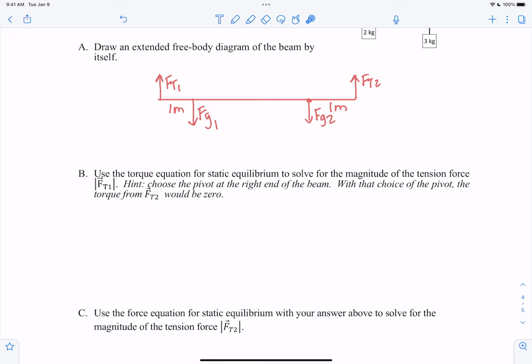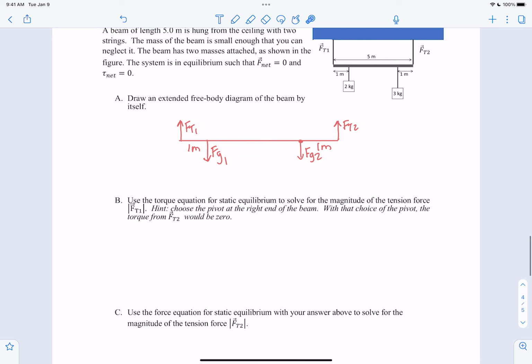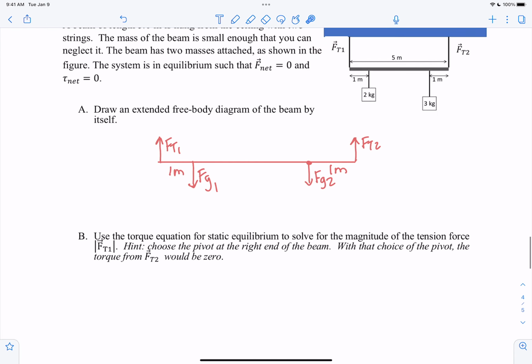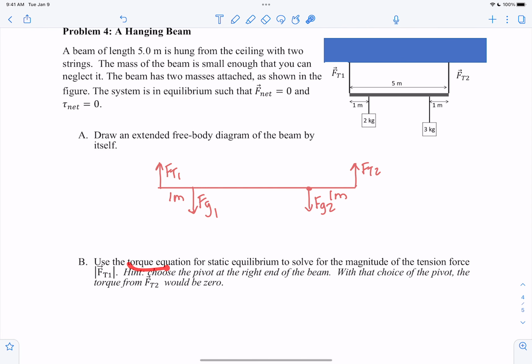Now it says use the torque equation for static equilibrium to solve for the magnitude of the tension force, Ft1, right? So, once again, if we're using torque, we have to define some pivot first. If we're interested in Ft1, that's what we don't know.